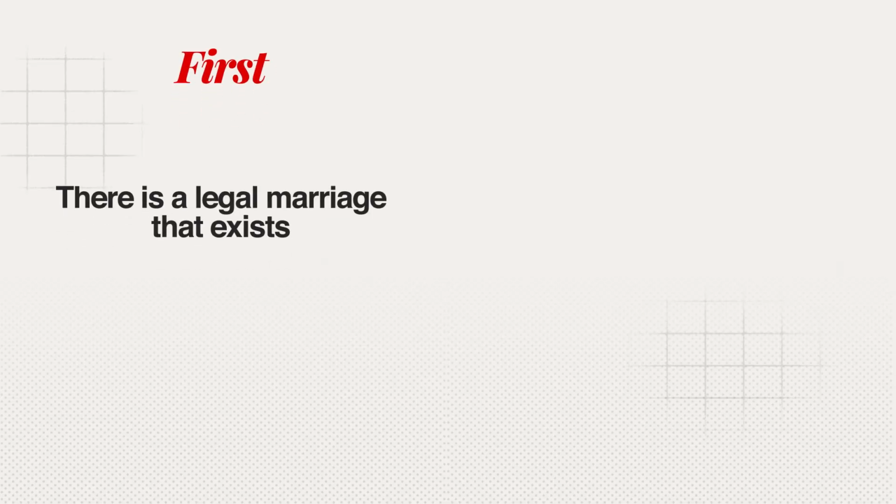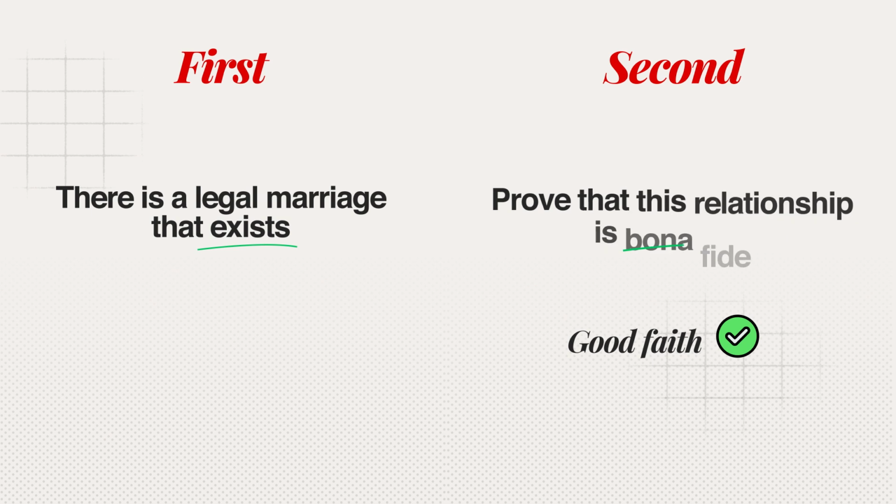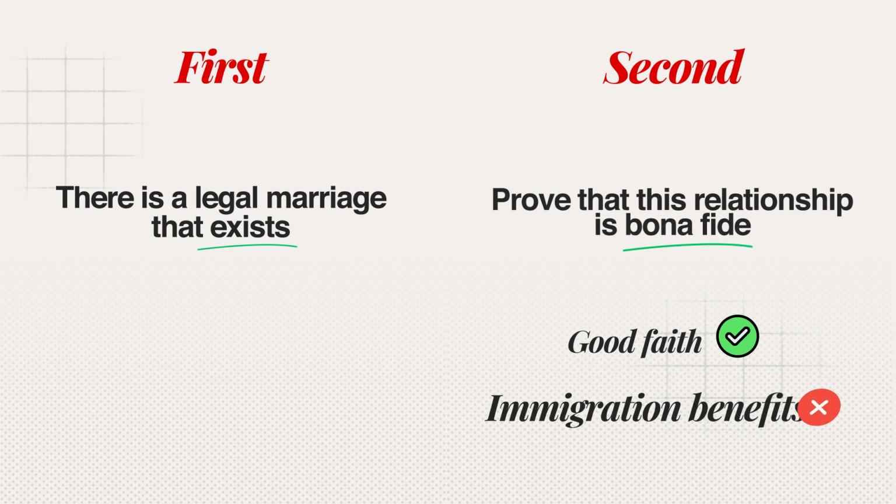The first step is going to be filing the I-130 with the relationship evidence. Here, we're trying to prove, first, that there is a legal relationship, a marriage, that exists, and second, that the relationship was entered in good faith. It is bona fide. It's a real marriage and not done for immigration purposes. Okay? How do you do that?